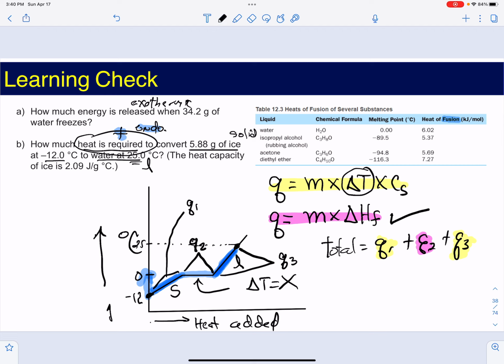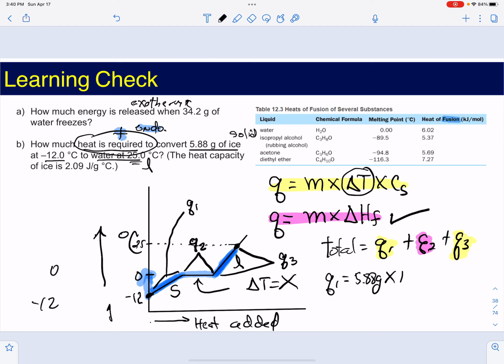So let's calculate Q1. So Q1 is gonna be the first formula, the mass, 5.88 grams, times the change in temperature, going from minus 12 to 0.